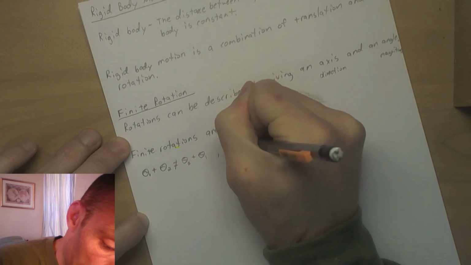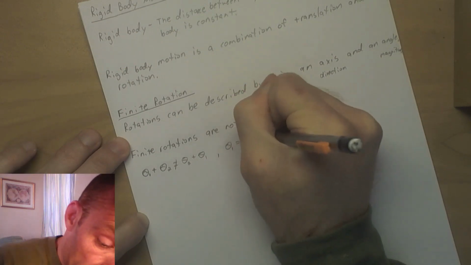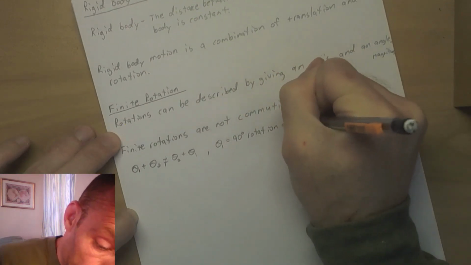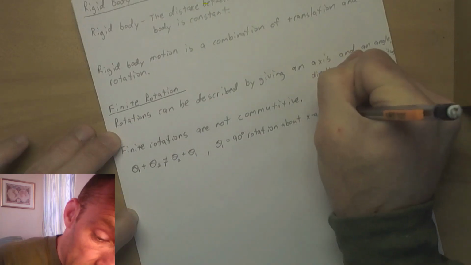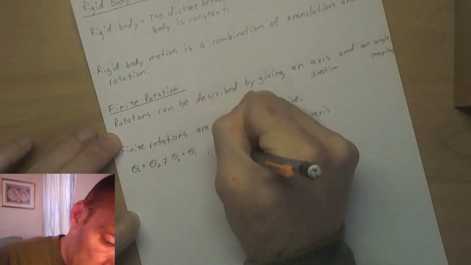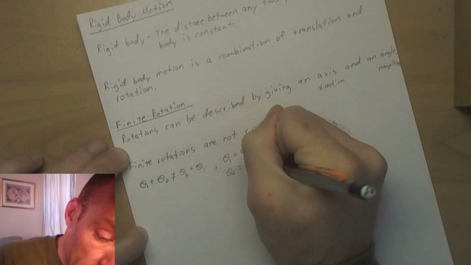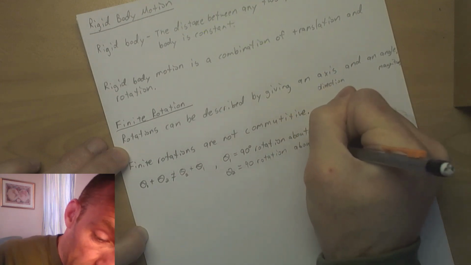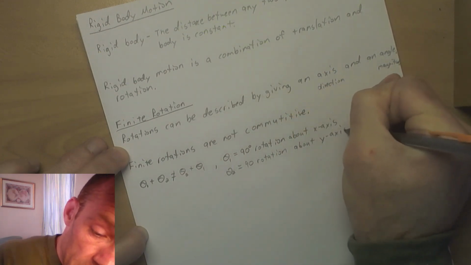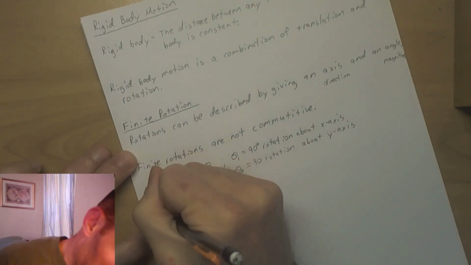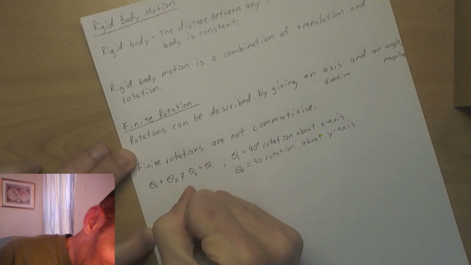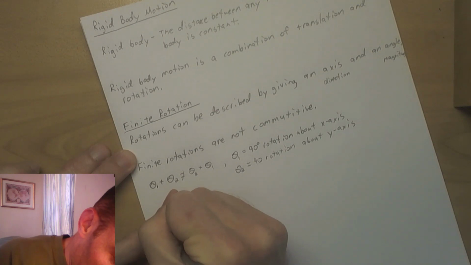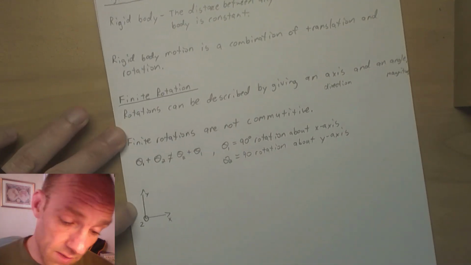So if I take theta 1 as a 90-degree rotation about the x-axis, and theta 2, these are two different rotations, as a 90-degree rotation about the y-axis, then here's x and y, and then z would be pointing out directly.